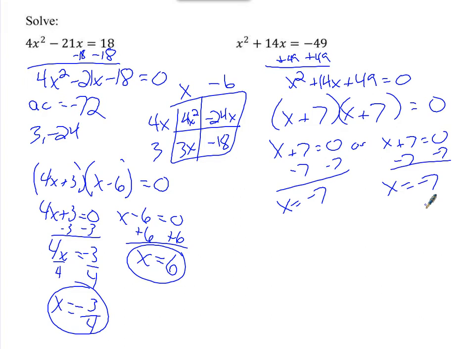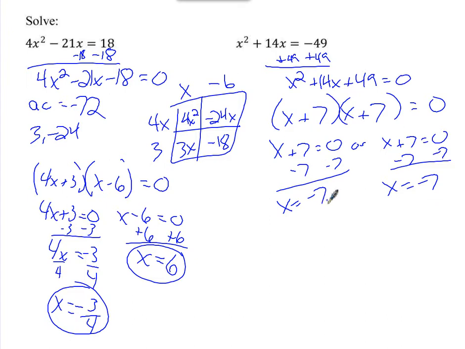2. But if we were to look at a parabola on a graph, how many would we see? 1. And what is special about a parabola that only has one solution? It touches the x-axis where? Well, at negative 7 on this problem, but yeah, the parabola's vertex touches the x-axis.